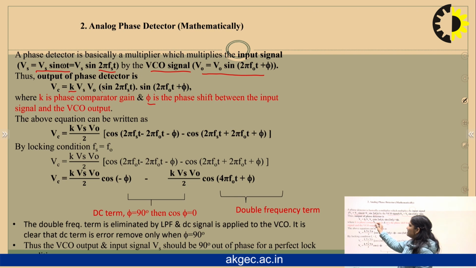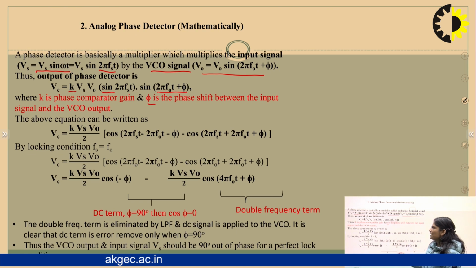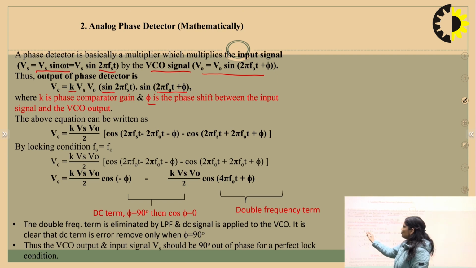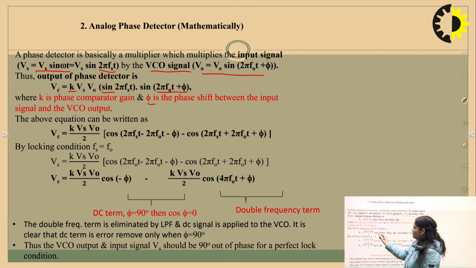Now this is sin A and sin B, so we can apply the formula for sin C into sin D, which gives cos (C minus D) minus cos (C plus D). So Vc is equal to K Vs V0 upon 2 times cos (2 pi fs t minus 2 pi f0 t minus phi) minus cos (2 pi fs t plus 2 pi f0 t plus phi).